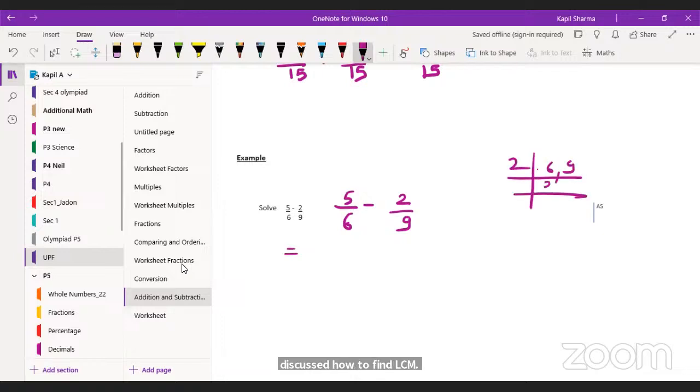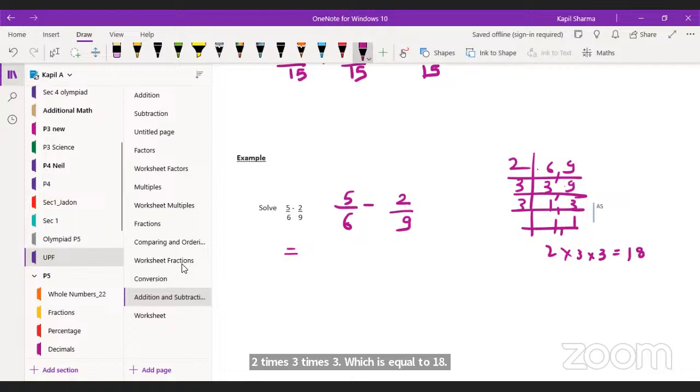So you can see that their least common multiple is 2 times 3 times 3, which is equal to 18, right? So we'll try to make the denominators of both the fractions 18.